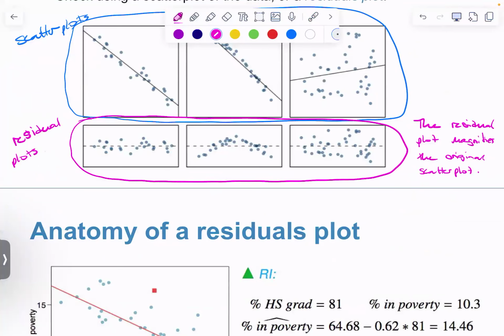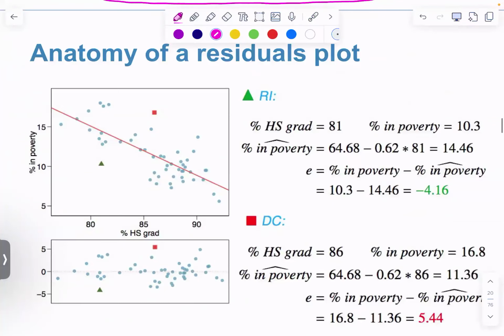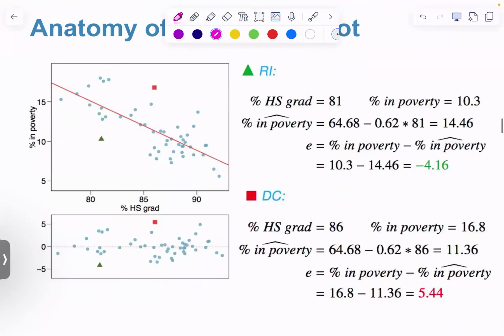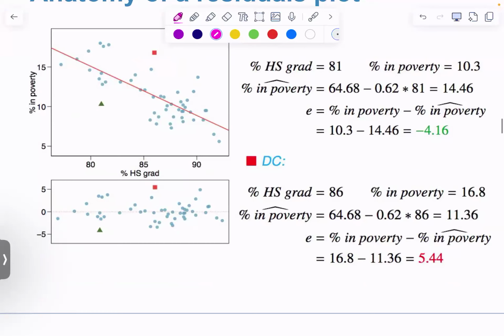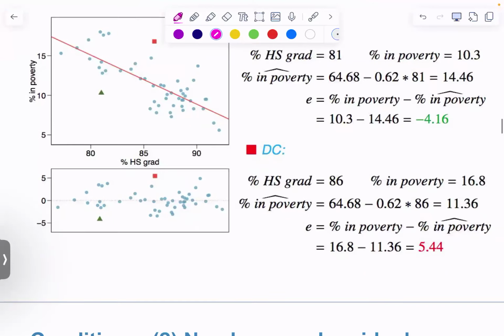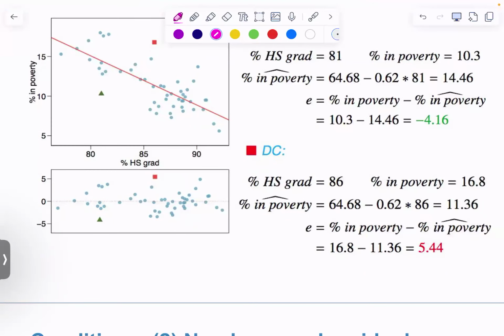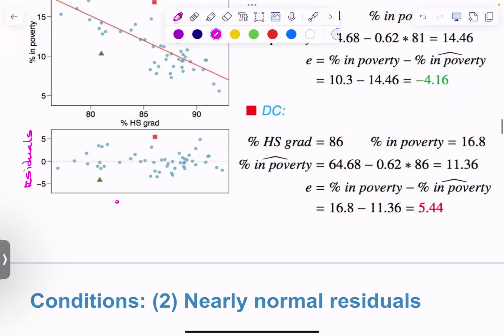So what does it look like? The residual plot is going to have the residuals on the y-axis, and it's going to have the percentage of high school grads, or X, on the x-axis still.